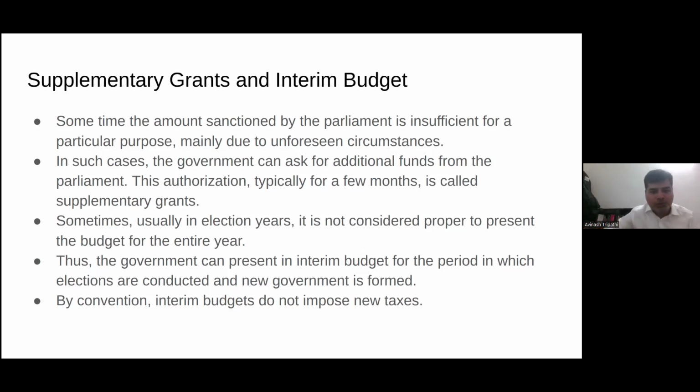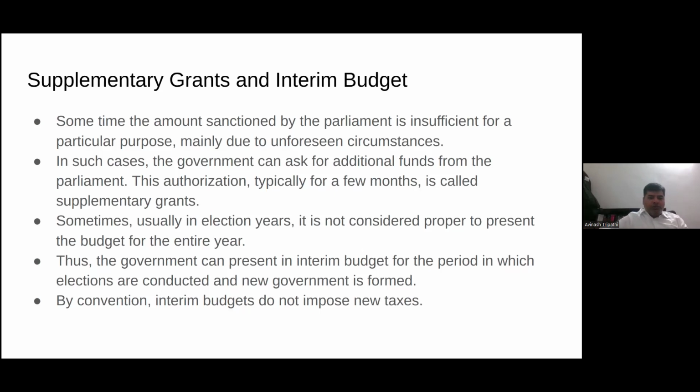Okay, now what do you do? In such a situation where, due to some unforeseen contingency, the government has to overspend its limit, the process is that they will have to come back to the parliament and get the excess amount approved once again. Okay, so this entire thing is called a supplementary grant.